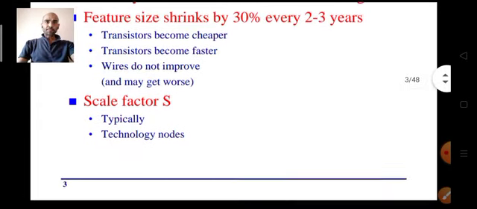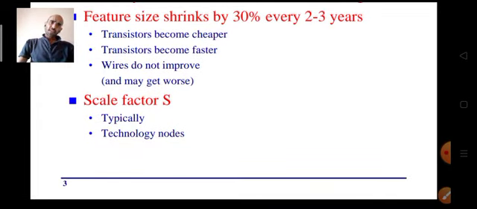So you see what happens, as I have told you, to satisfy Moore's law, what we have to do is reduce the device area to half in like 1.5 years or approximately 2 years of time. So to reduce the device area to half, what happens?